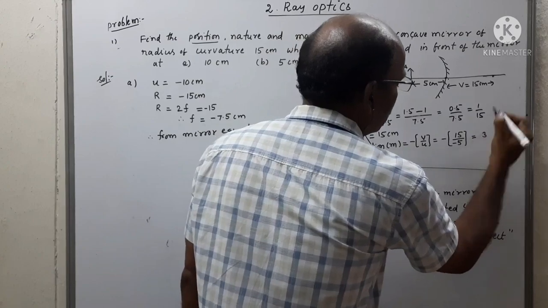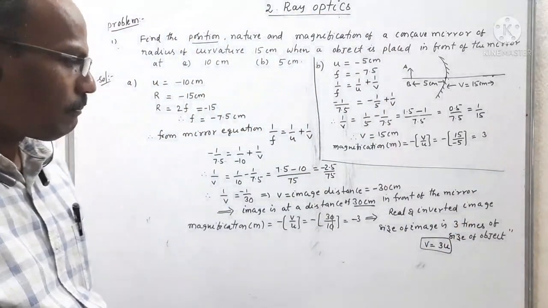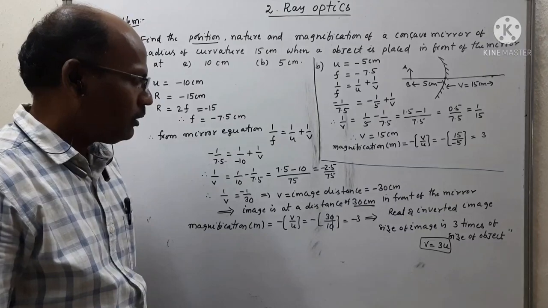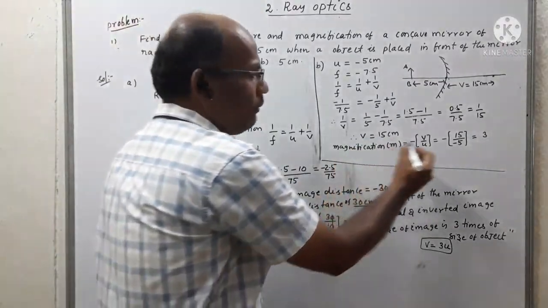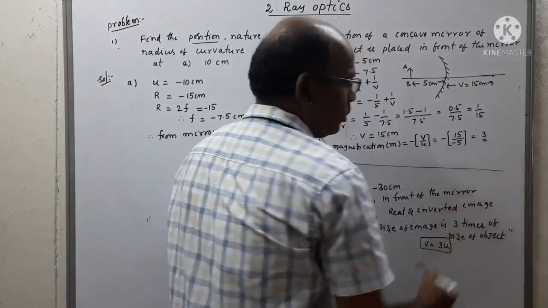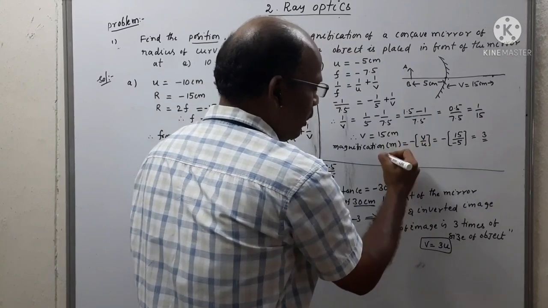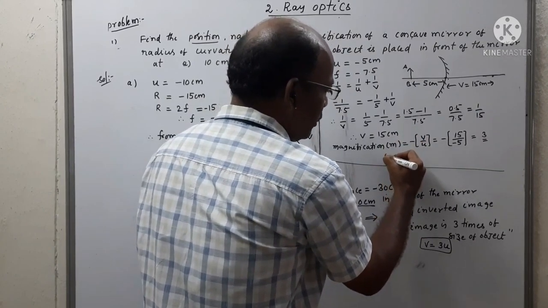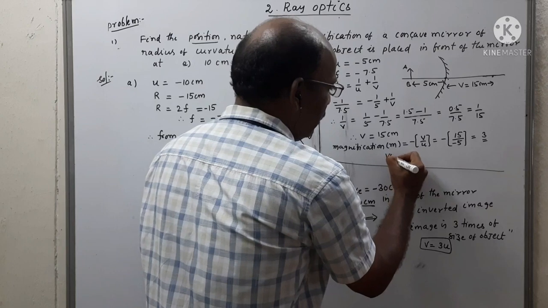So that is equal to 3. So magnification is positive, so the mirror forms a virtual and erect image.